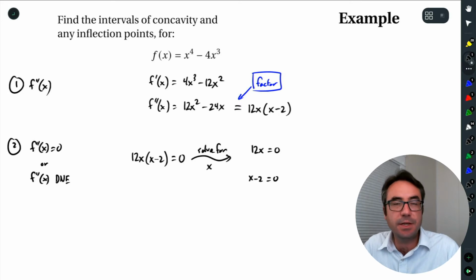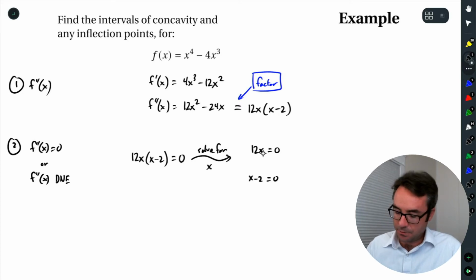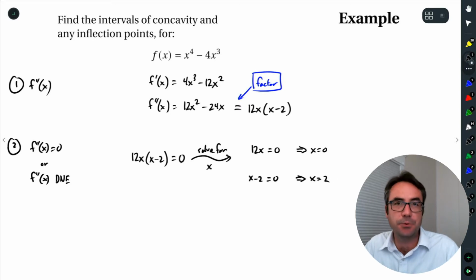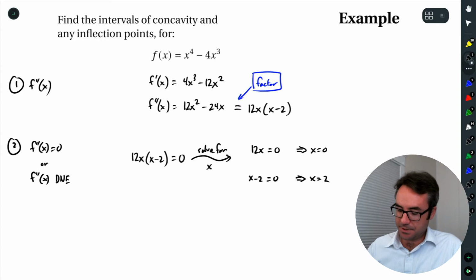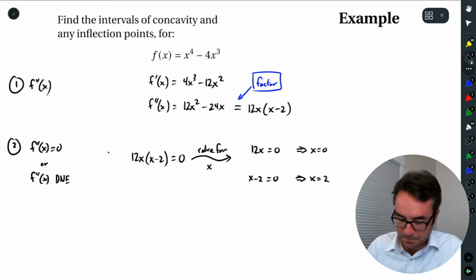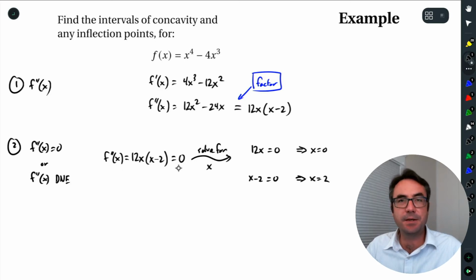And then we just keep solving each of those. So solving the 12x gives us x equal to 0, and solving that second equation gives us x equal to 2. All right, so this is where the second derivative is equal to 0. We took our second derivative, we set it equal to 0, and then we solved for x, and we got two solutions here.